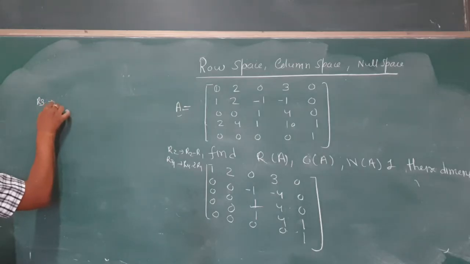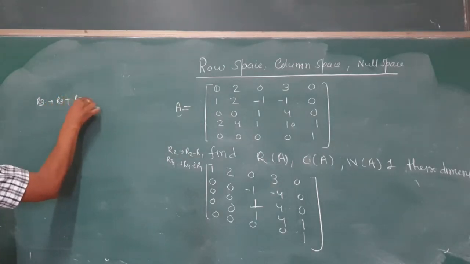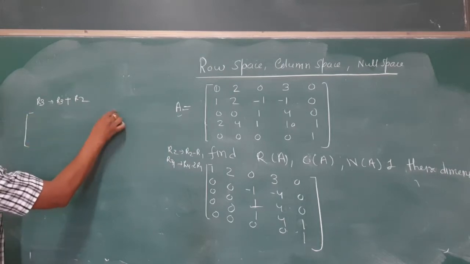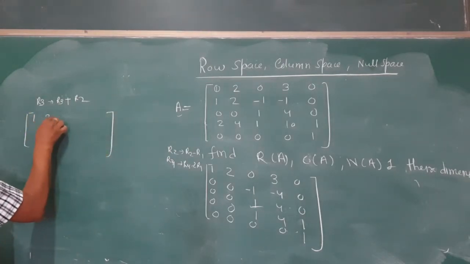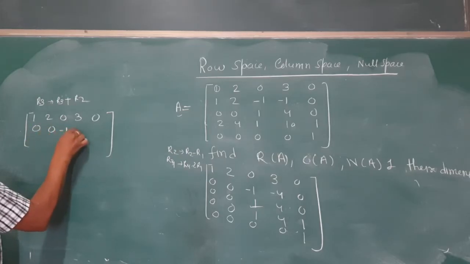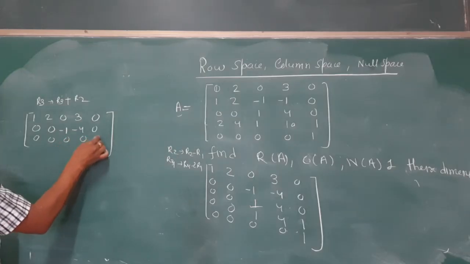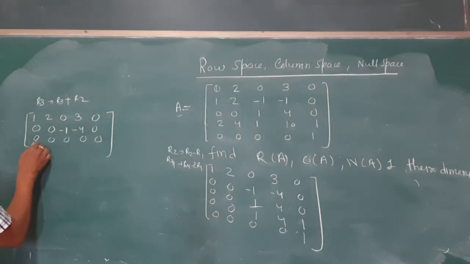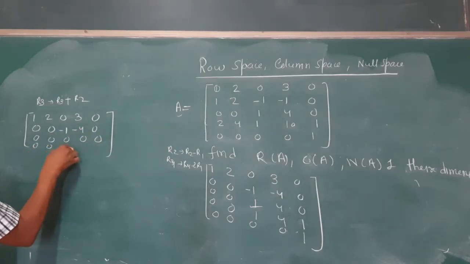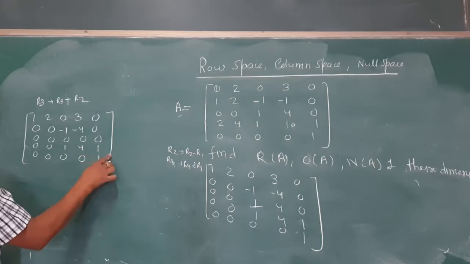So R3 changes to R3 plus R2. What happened? 1, 2, 0, 3, 0; 0, 0, minus 1, minus 4, 0; 0, 0, 0, 0, 0; 0, 0, 1, 4, 1; and 0, 0, 0, 0, 1.